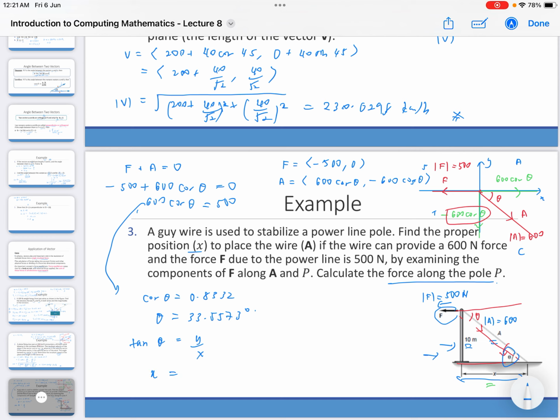So x equals y divided by tangent theta. So x equals 10 divided by tangent 33.5573, so x equals 15.0756 meters.